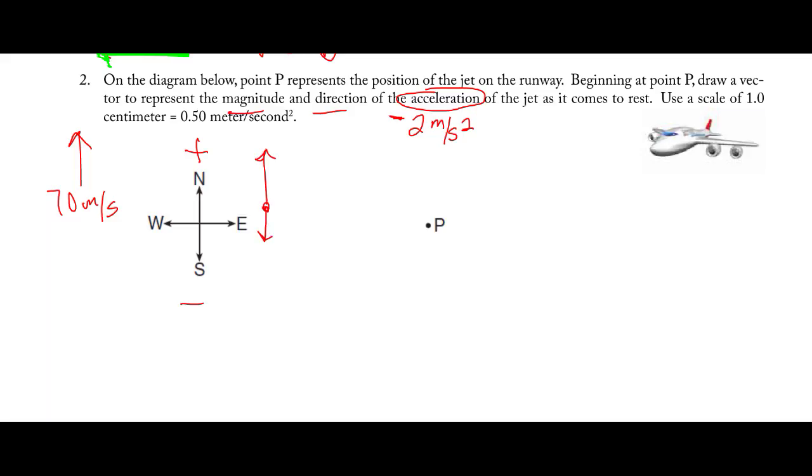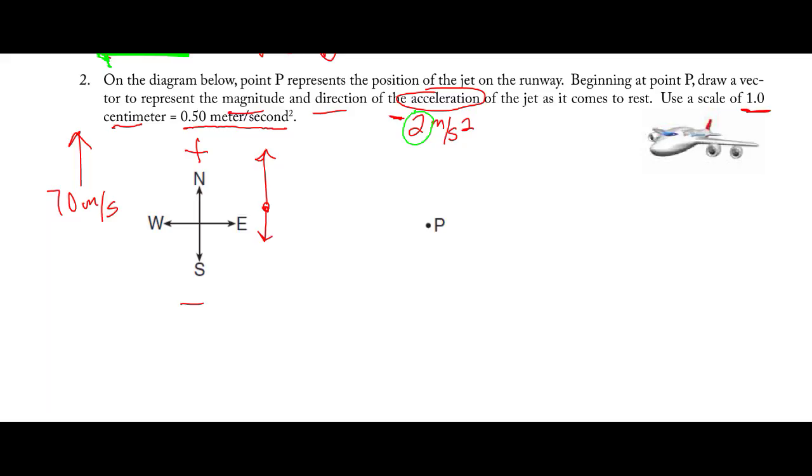Now, they want you to draw this to scale, and they're saying 1 centimeter equals 0.5 meters per second squared. The magnitude is the 2, and the direction is the negative. So what we're going to do now is just draw that arrow.